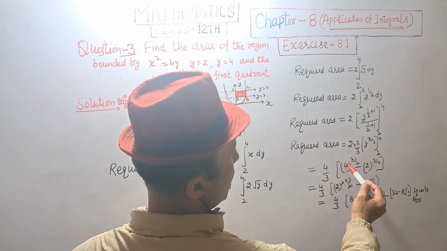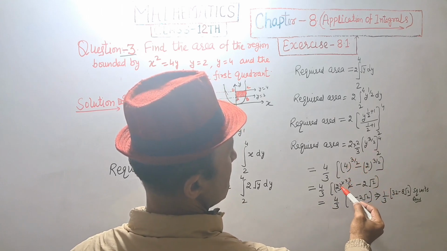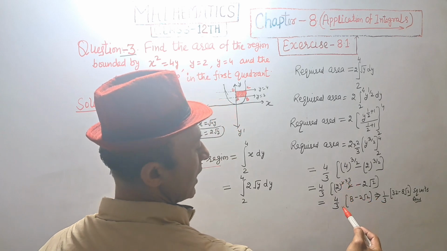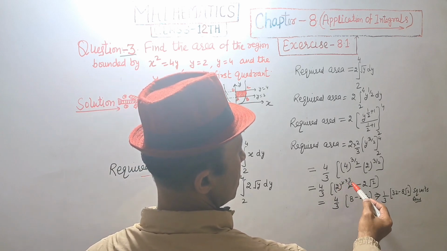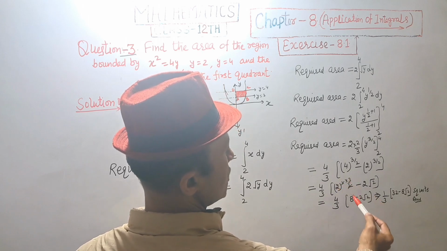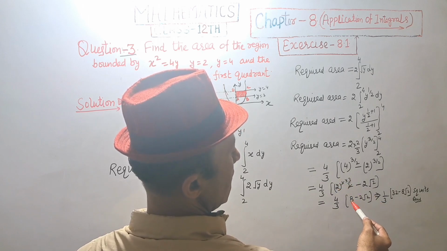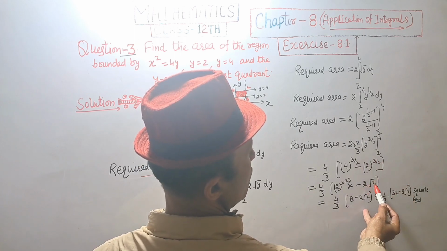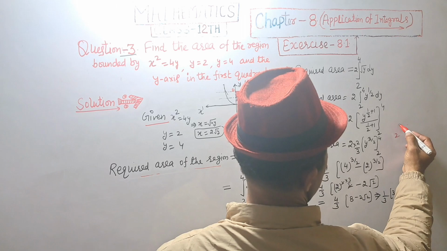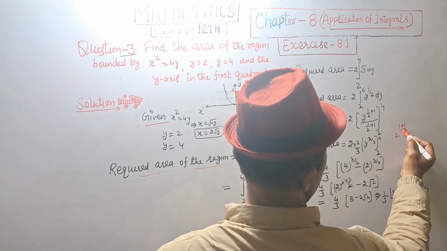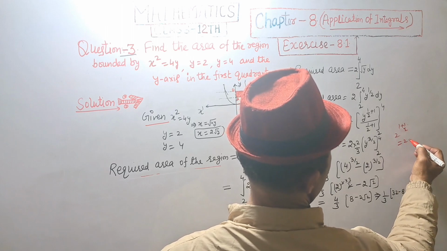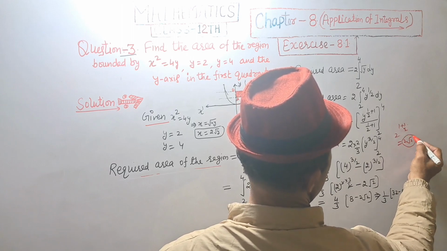Upper limit is 4 raised to power 3 by 2, that is 2 raised to power 2 into 3 upon 2. 2 is cancelled and we get 2 raised to power 3, and we know that 2 raised to power 3 is 2 into 4, 2 into 8, and 2 raised to power 3 upon 2 we can write as 2 root 2. 2 raised to power 1 plus 1 upon 2, and 2 raised to power 1 is equal to 2 and 2 raised to power 1 upon 2 is root 2.